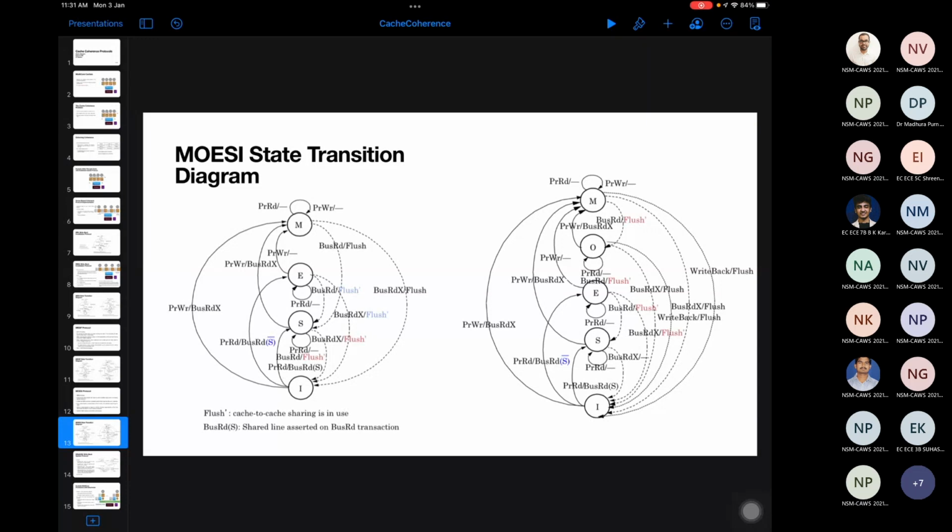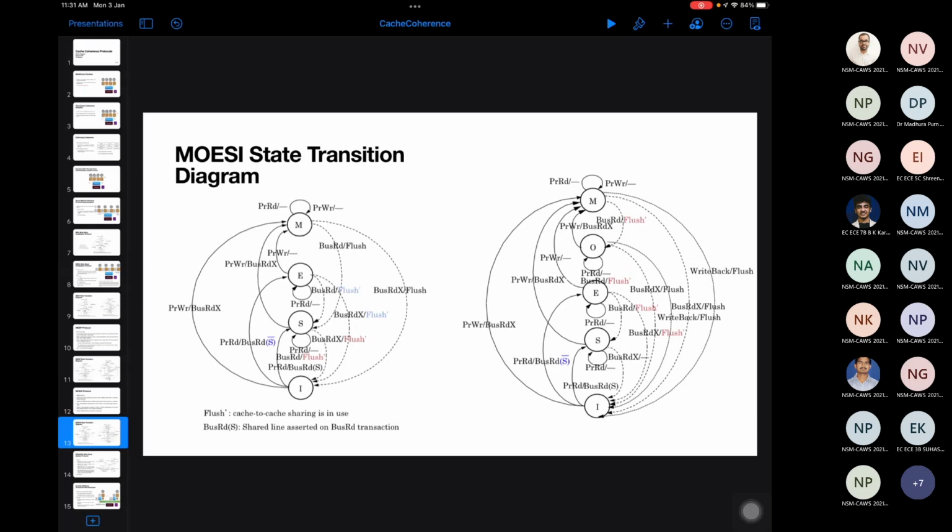But owned state indicates that there may be other cores that have the data, but I am the one who takes the responsibility of writing back to the lower level. That is the reason why, on O state, if there is a processor write, there is a bus read X signal. But on M state, if there is a processor write, there is no transaction on the bus.